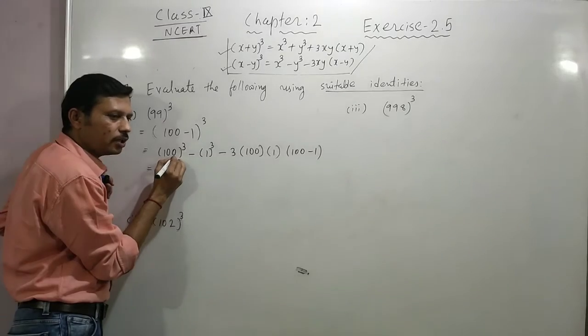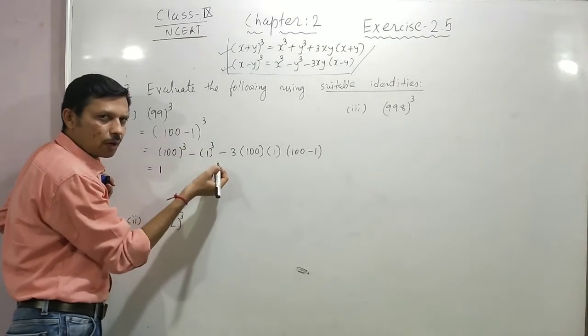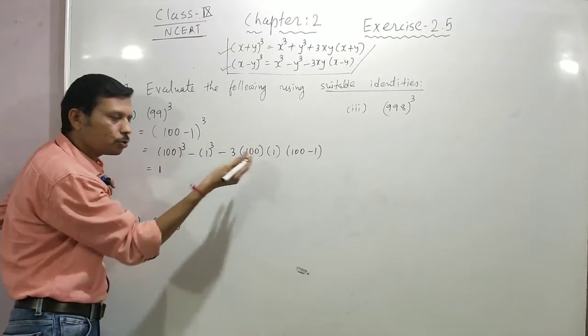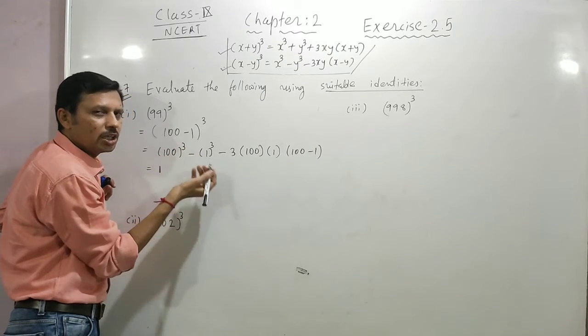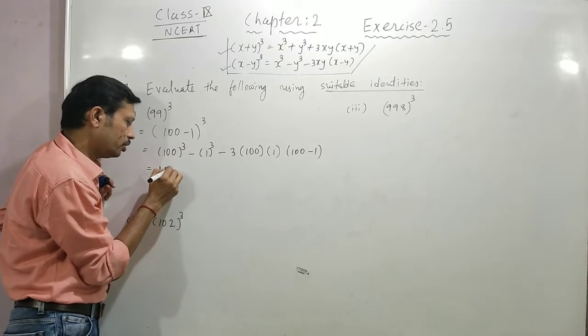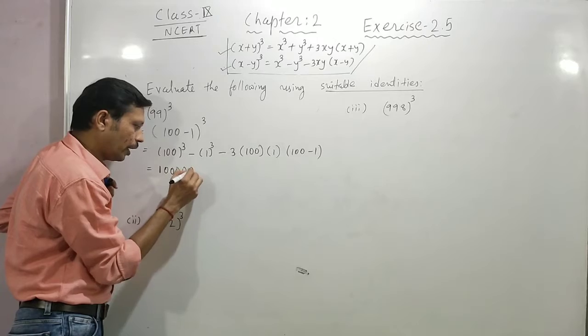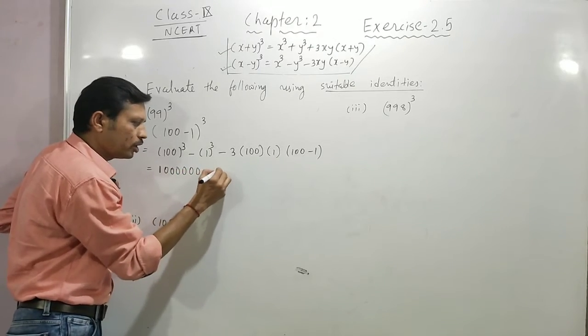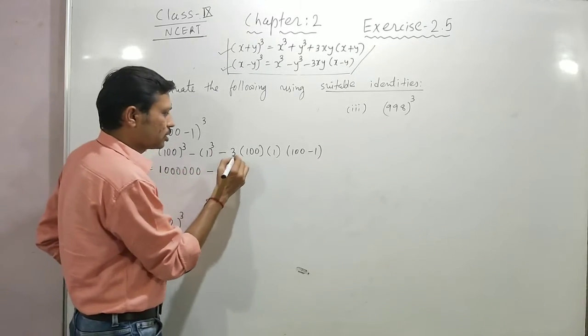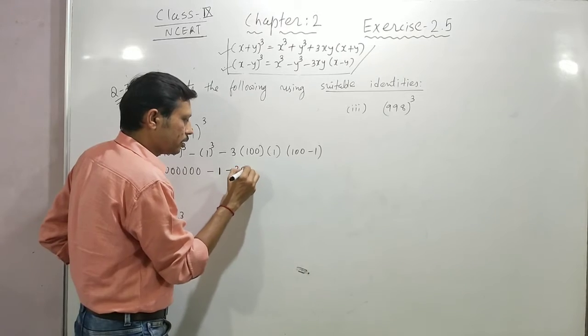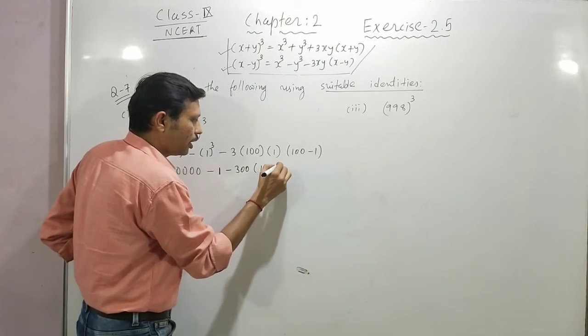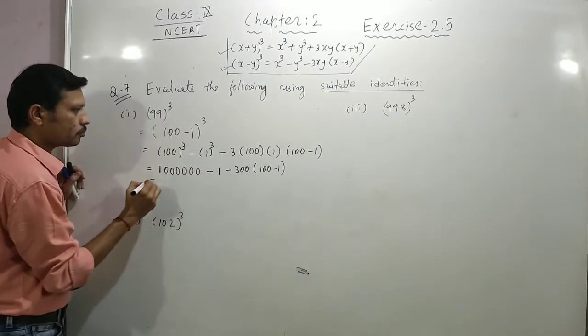How many zeros are there? 2 zeros. Make it 3 times, power 3. If power 2 is there, then 2 times. So 2 zeros multiplied by 3 gives 6 zeros. 1, 2, 3, 4, 5, 6. Minus 1 the cube is 1. Minus 3 into 100, 300. And 100 minus 1.